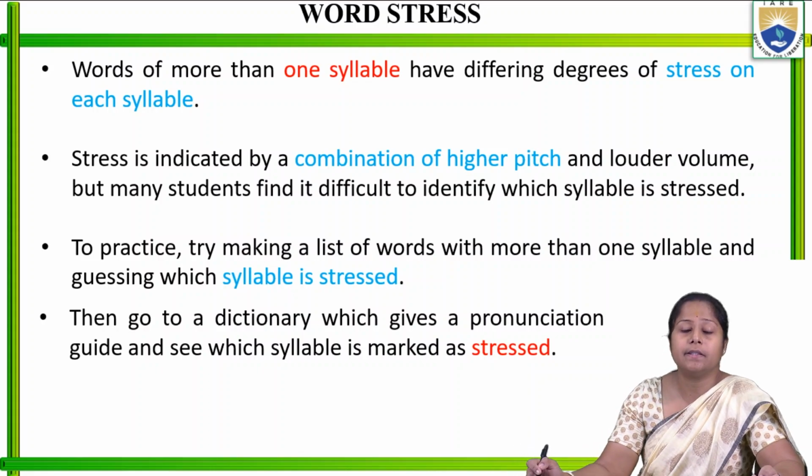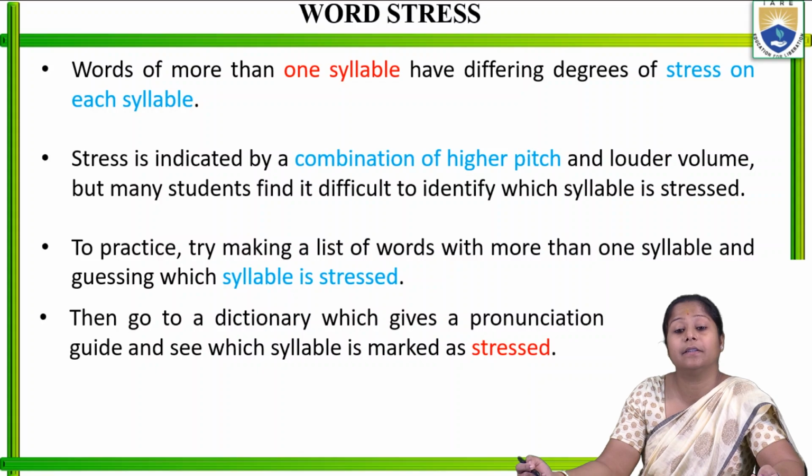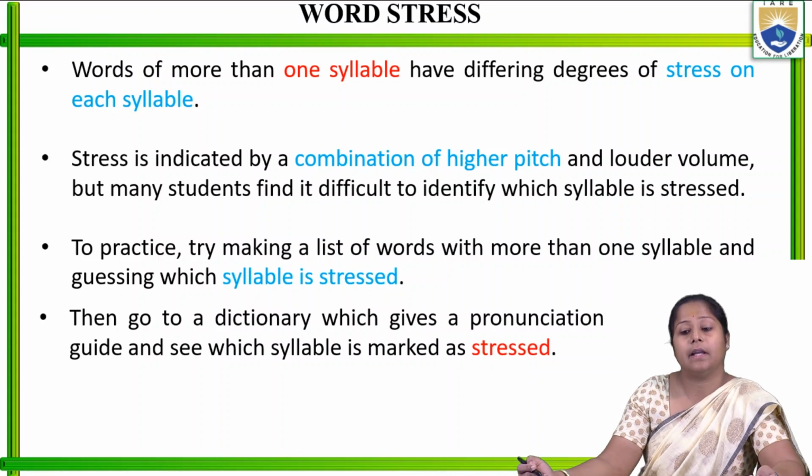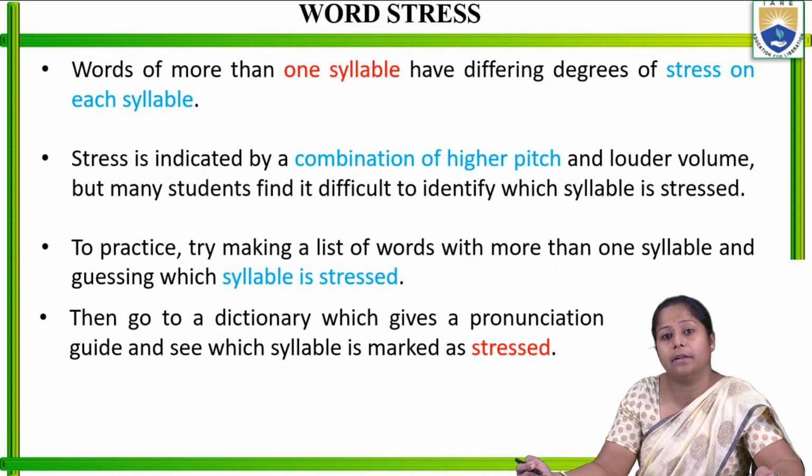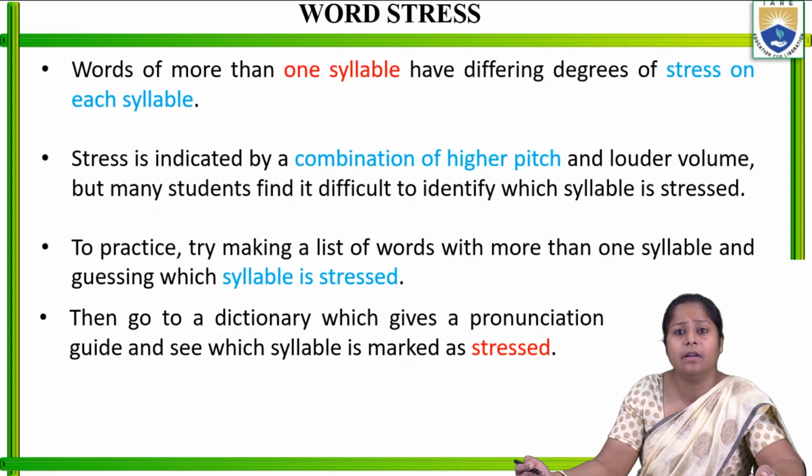To practice, we try making a list of words with more than one syllable, memorize them, and guess which syllable takes the stress. Then we go to the dictionary, which gives a pronunciation guide, and see which syllable is marked as stressed.